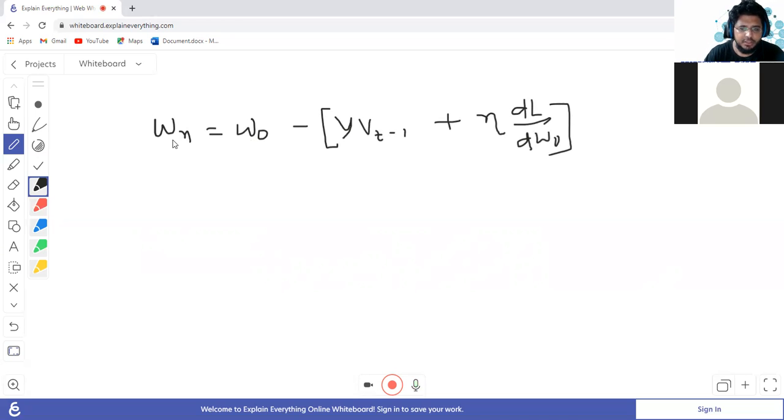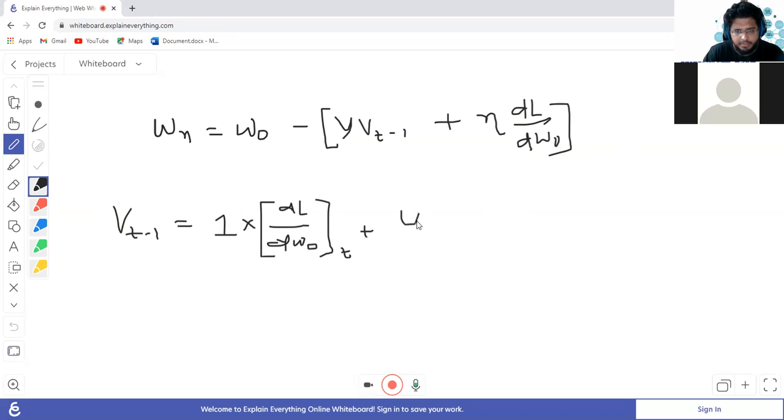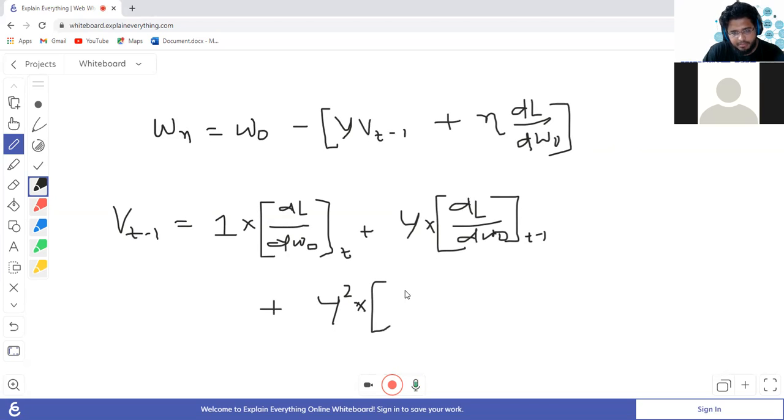So this is the new formula for SGD with momentum, where Vt minus 1 is equal to 1 into dl by dW old at t, plus gamma into dl by dW old at t minus 1, plus gamma square into dl by dW old at t minus 2, and so on.